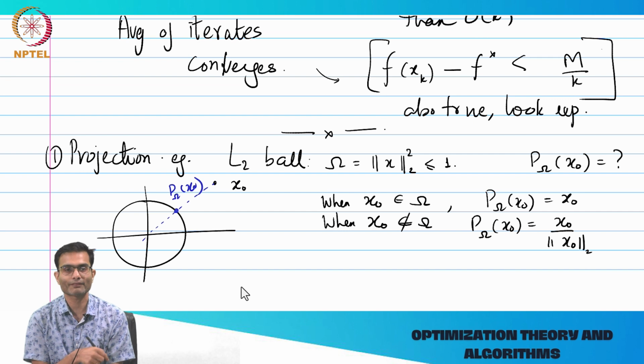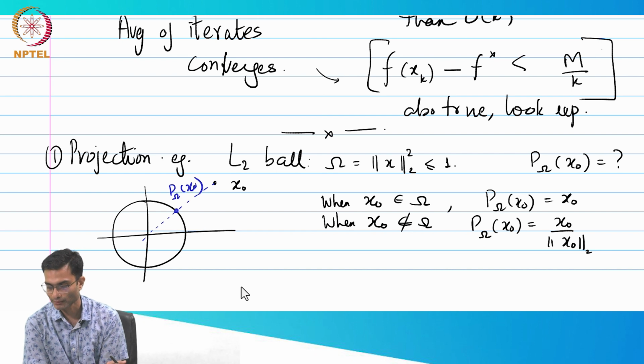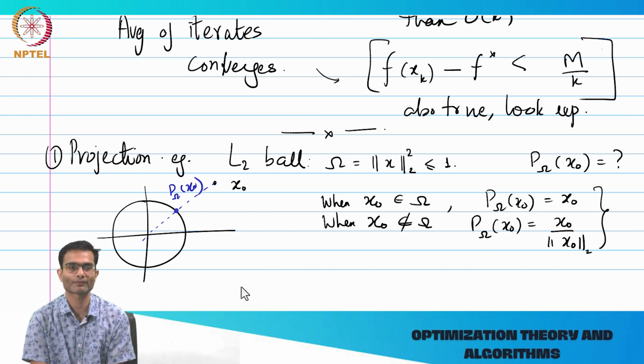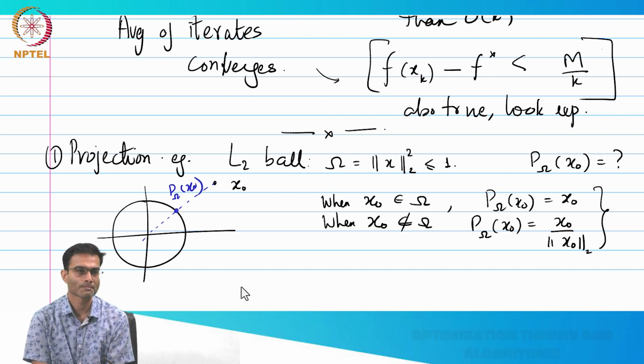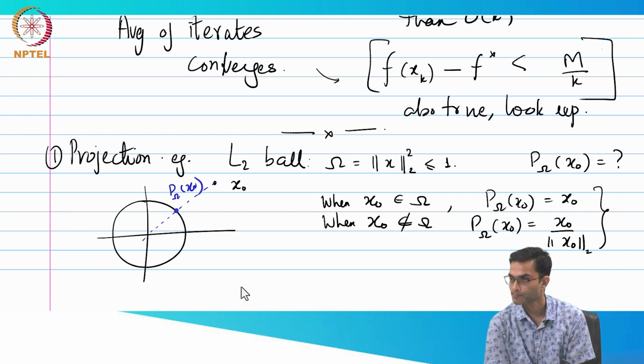Is there a compact way of writing this? No, these are two cases. Is there a compact way of condensing this? Right.